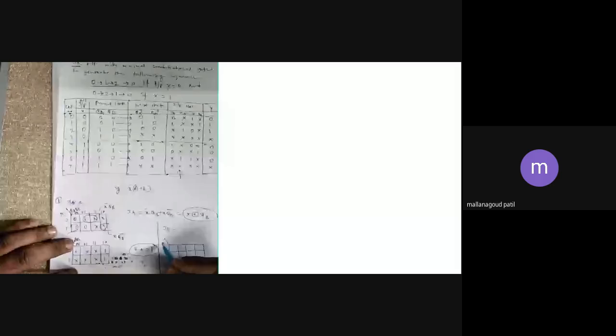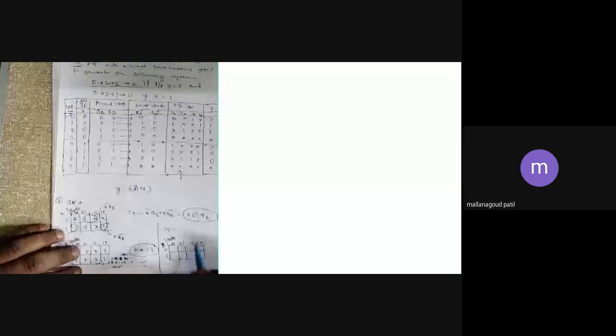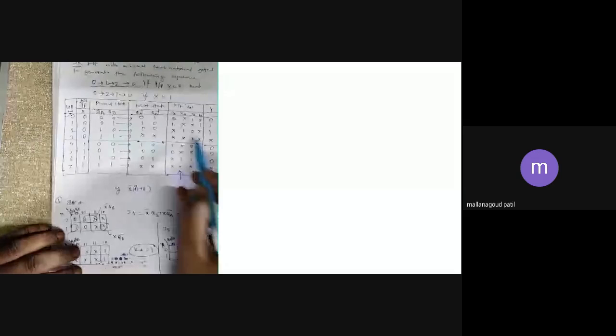0, 0, 0, 1, 1, 0, 0, 1. What is the JB? X 0 X 1 X 0 X. Next 0 X 1 X X X. Tell me this one, how will it be?